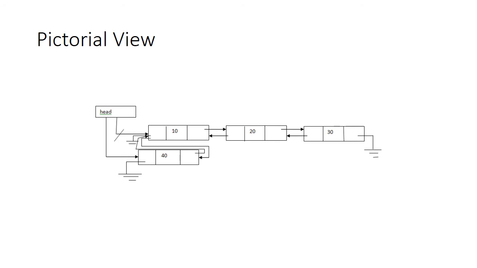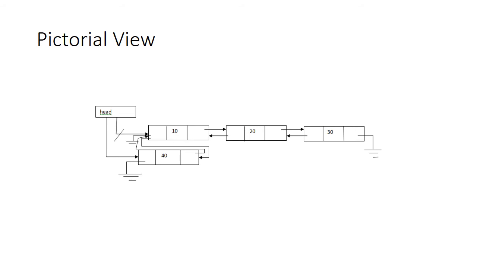Whatever address is there will be stored in the left pointer of head. Afterwards I will store the address of the new node in head, so that I can go to head and access the first node directly. This new node will now become head.